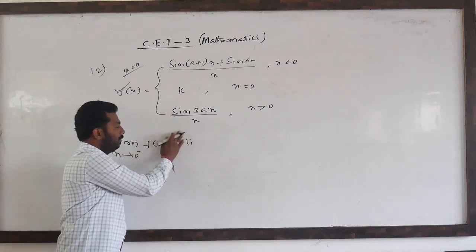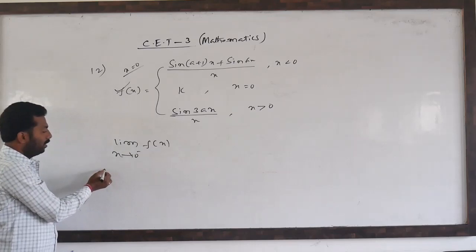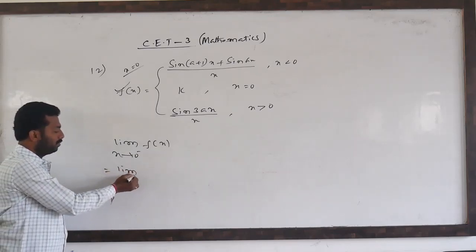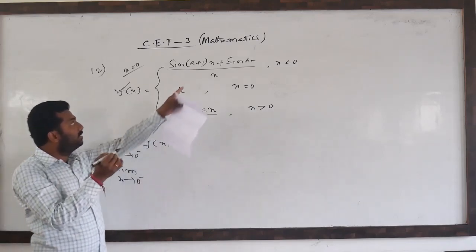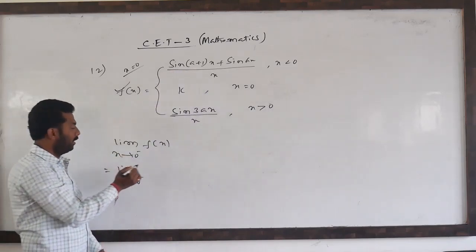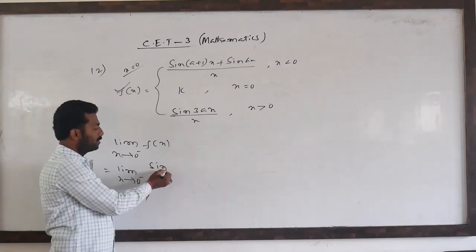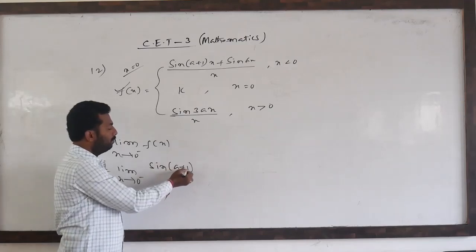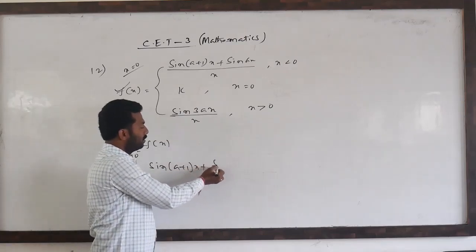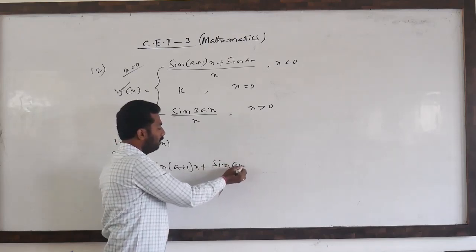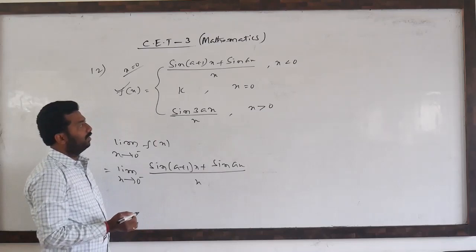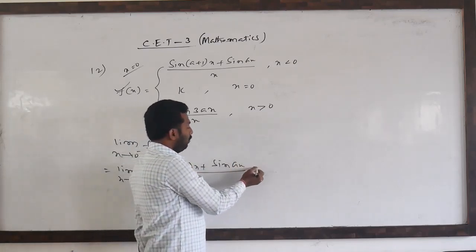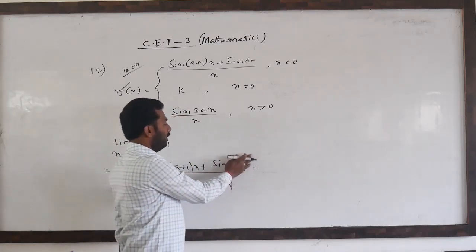So from this, you observe limit x tends to 0 minus f of x. Less than 0 means this function I have to write. So this is sin of (a plus 1)x, again sin of ax divided by x, equal to f of 0 also we have to write.